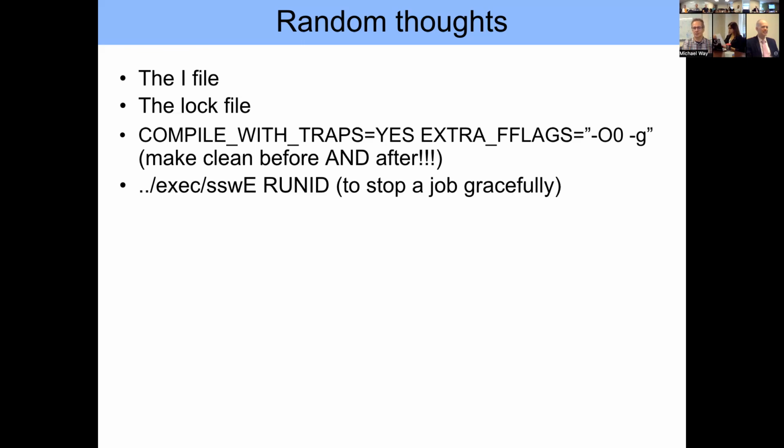So there are multiple ways you can do that. Either you remove the run status or you touch the I file, and then the model is happy to continue again. The model will tell you that. If you try to run the model and you have not touched I or deleted run status, the model will tell you to touch the I file to continue.